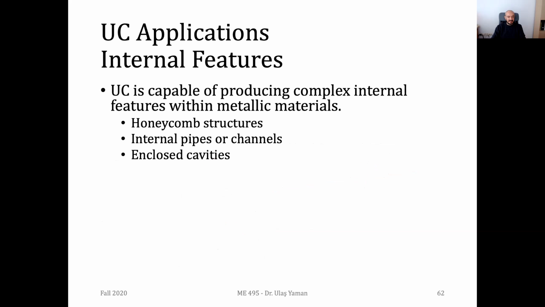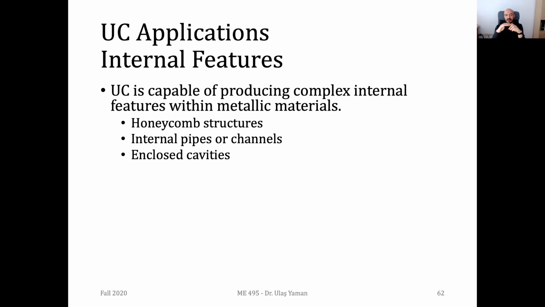So now we are about to finish this chapter. Let's talk about some applications where we can use ultrasonic additive manufacturing or ultrasonic consolidation. First of all, we can make use of it if you want special internal features for metallic parts, since with the other additive manufacturing processes you cannot have internal shapes or internal channels.